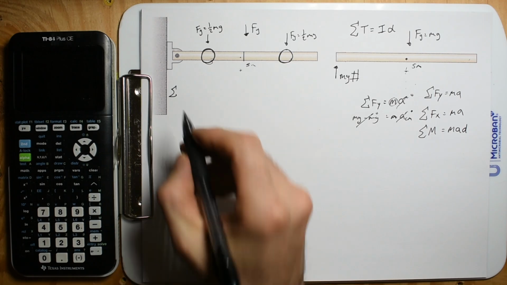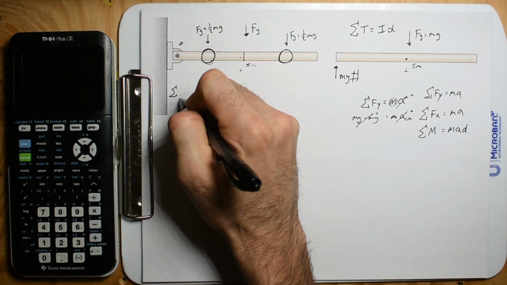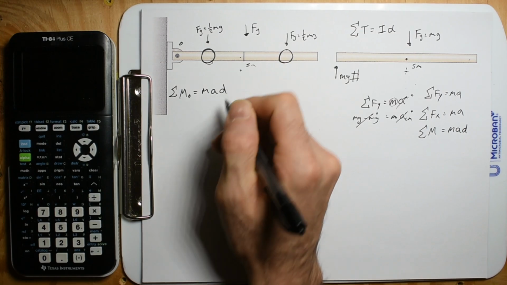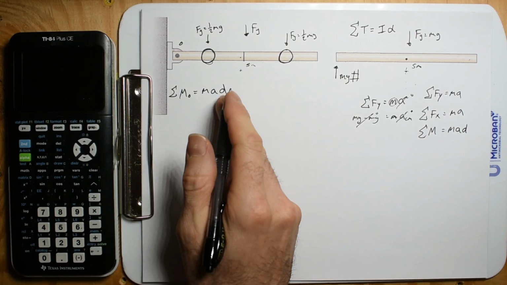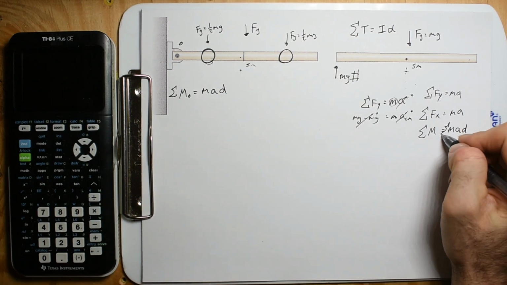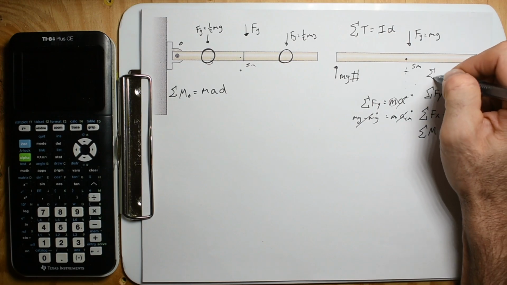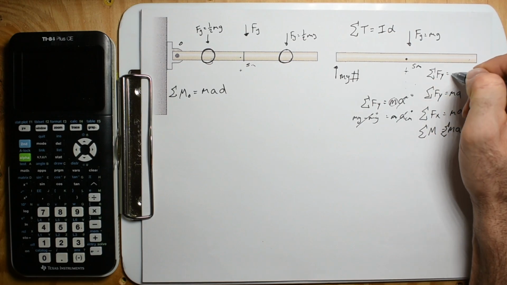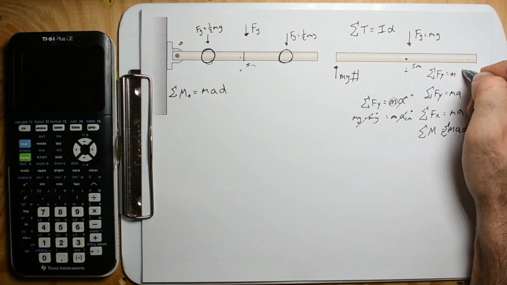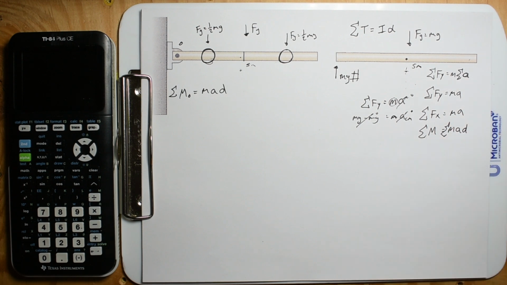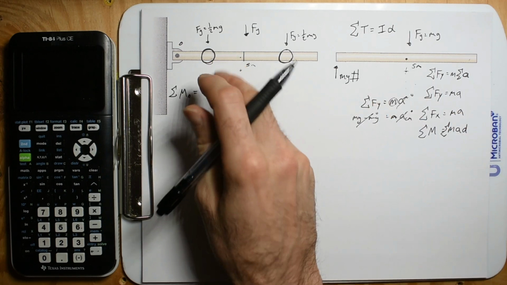Okay, so let's explore that. So we have the sum of the moments about this point is equal to mass acceleration d. Now a better way to write this technically is the sum of the forces is equal to, well, the mass doesn't change, but it's the sum of the accelerations as well. We're going to take a look at that in a second right here.